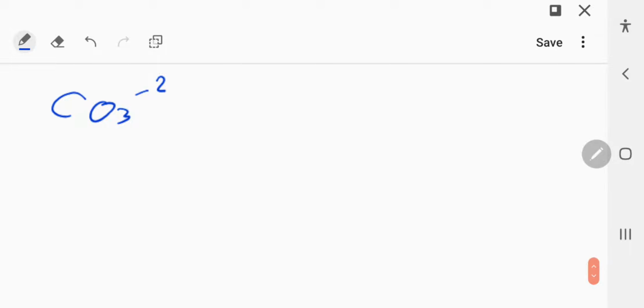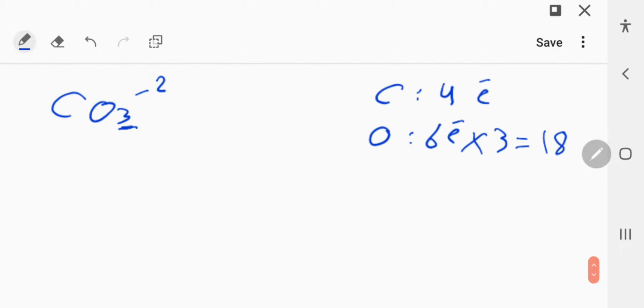So what is the first step here? First, we have to count the number of valence electrons for each atom. For carbon, we have 4 electrons, and for oxygen, we have 6 electrons per oxygen atom. Here we have 3 atoms of oxygen, so times 3, which is 18.